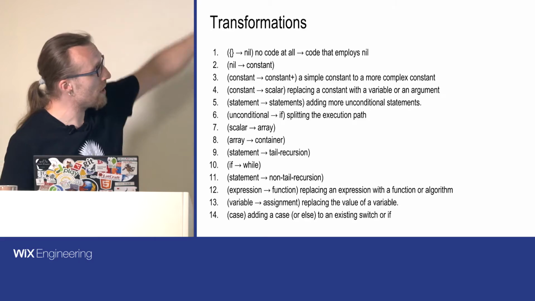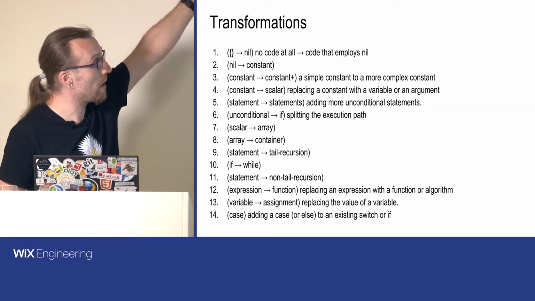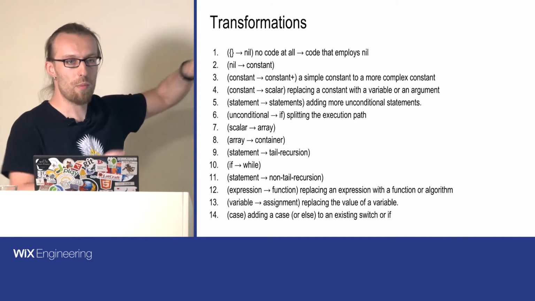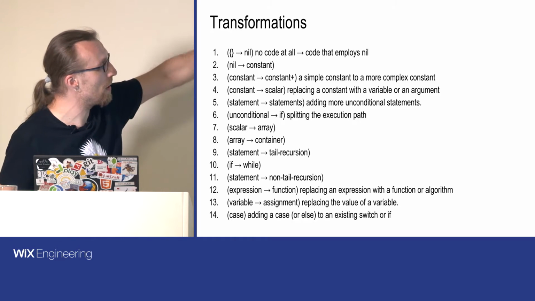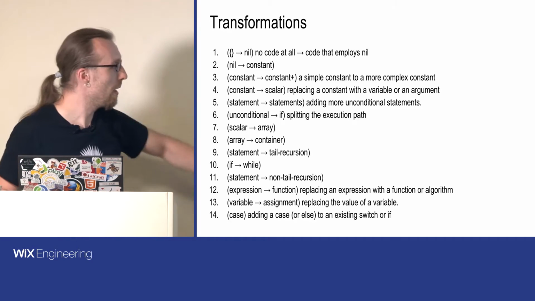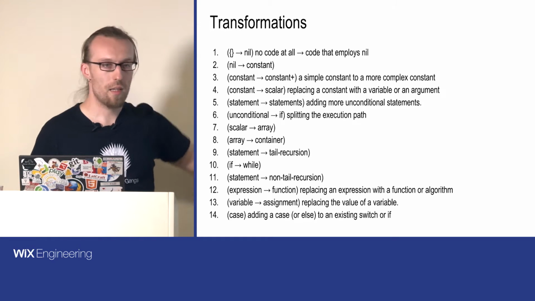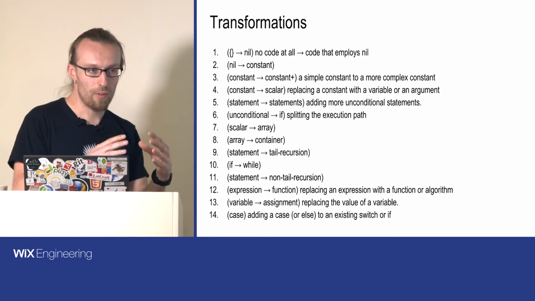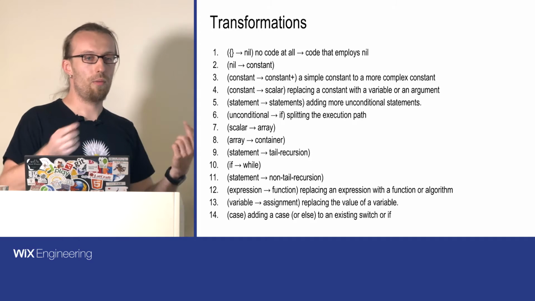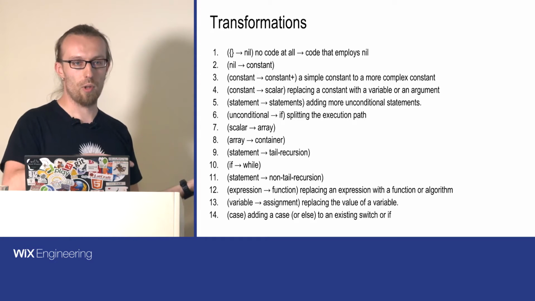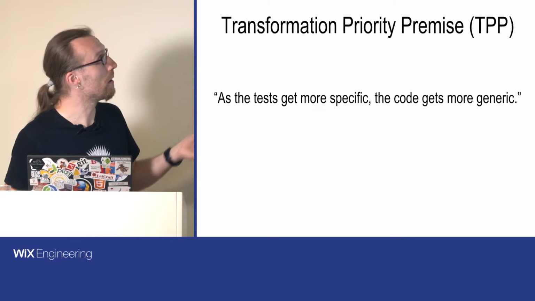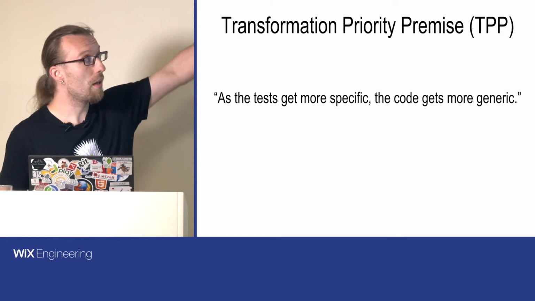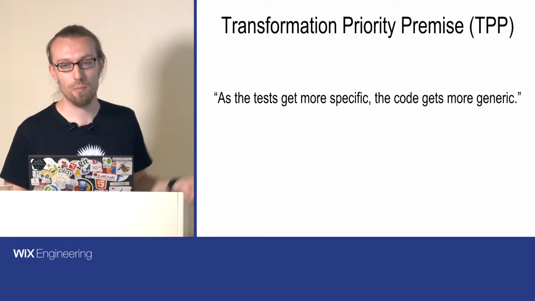There is a list of transformations, and basically what I'm doing in my implementation is going over those. Maybe I don't use all of them, but if I see something, I can transform to it. And rule number 10 says that if you see if, the more generic version of if is while. So that's why it works. There is an explanation why it works. And if you want to learn a new acronym, this one is TPP.